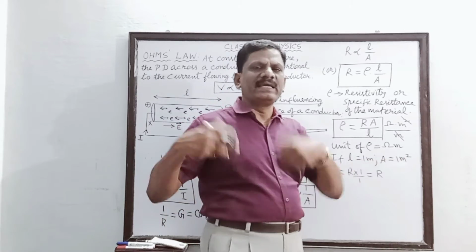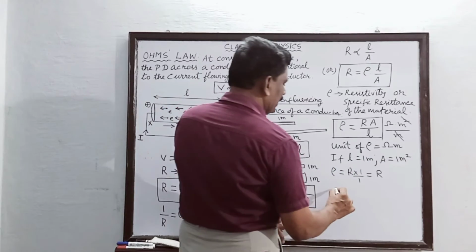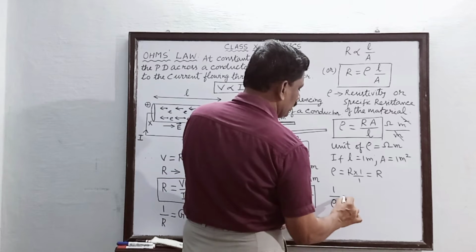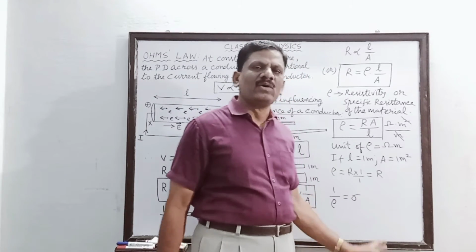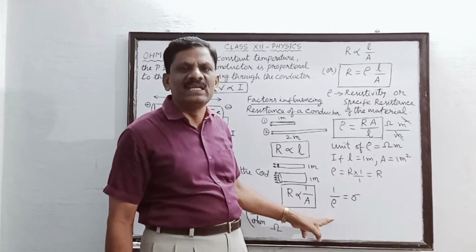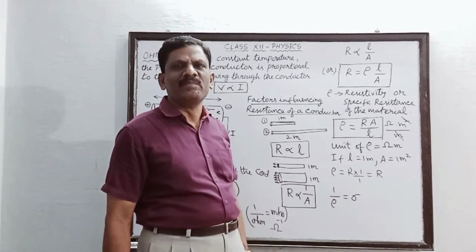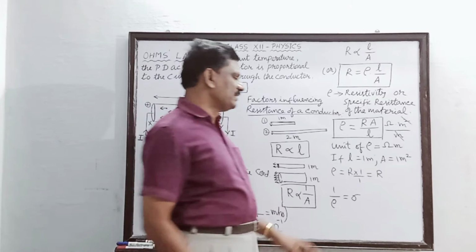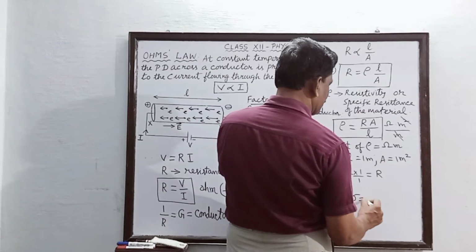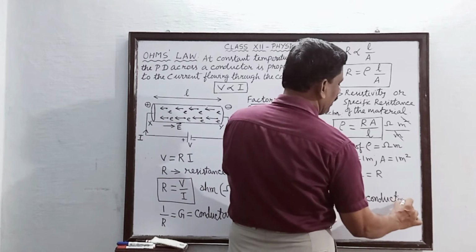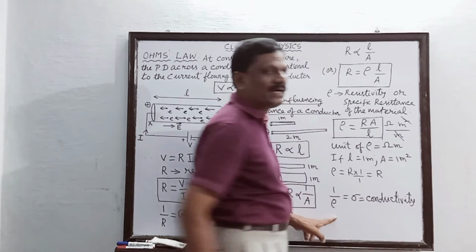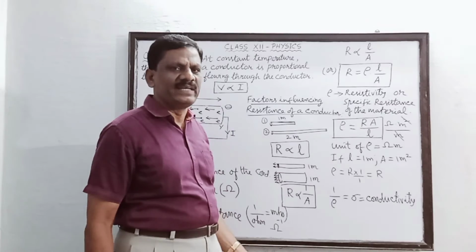Okay. Now I will take the reciprocal of the resistivity, 1 by rho. This is denoted by the symbol sigma, and this is called the conductivity of the material. Conductivity is defined as the reciprocal of the resistivity of the material.